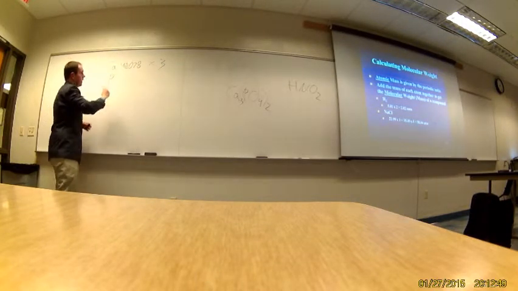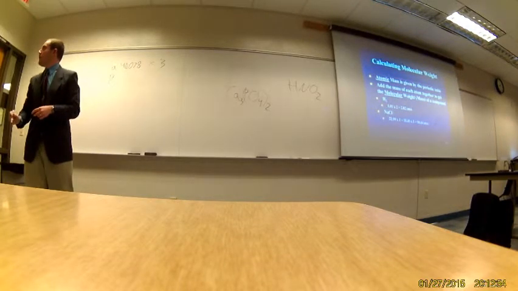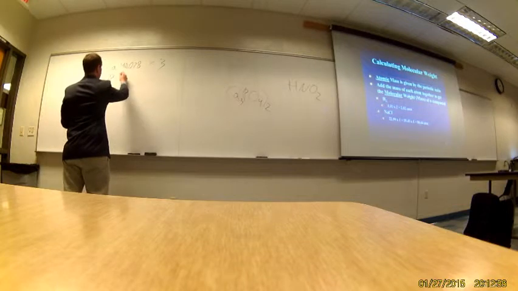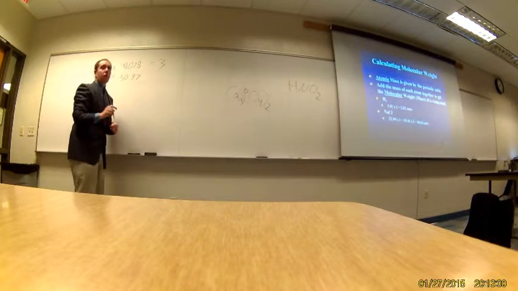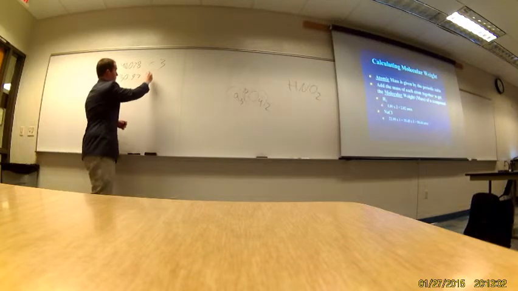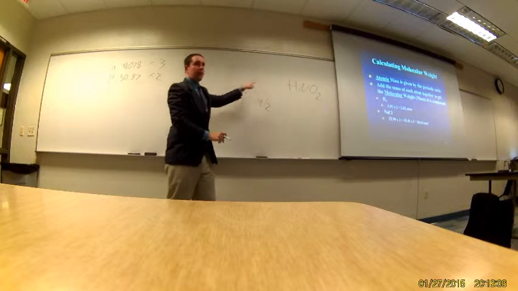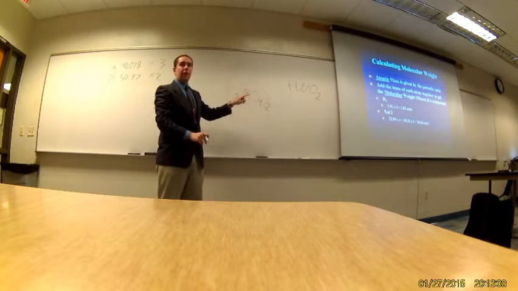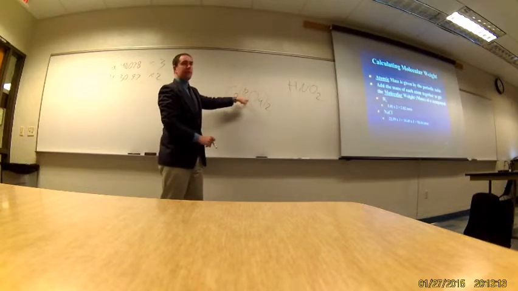Phosphorus, what's the weight of phosphorus? 30.9, let's say 30.97. How many of them are there? 2. There's 1 here, but there are 2 phosphates. There's 1 phosphorus for every phosphate. There are 2 phosphates, which means there are 2 phosphoruses.